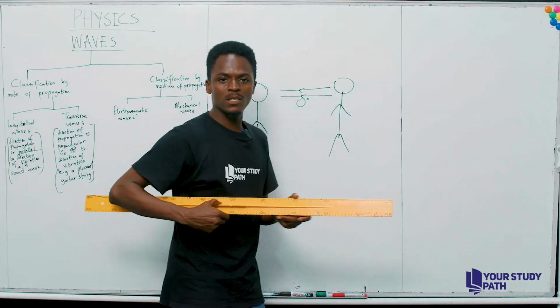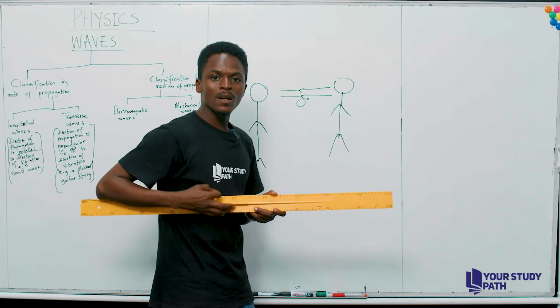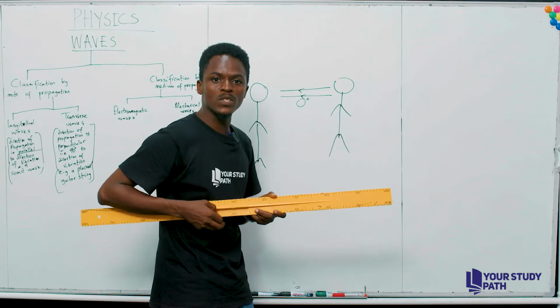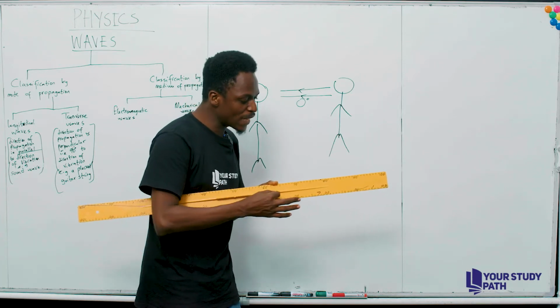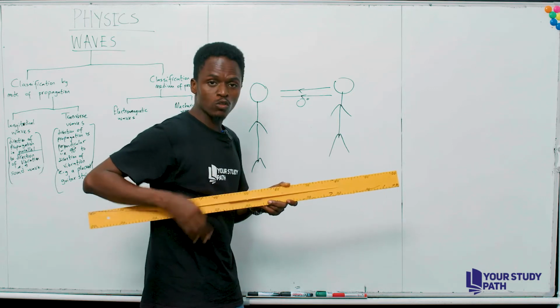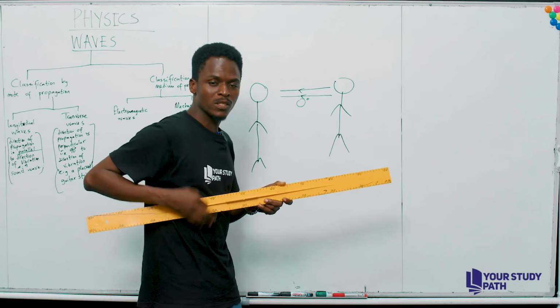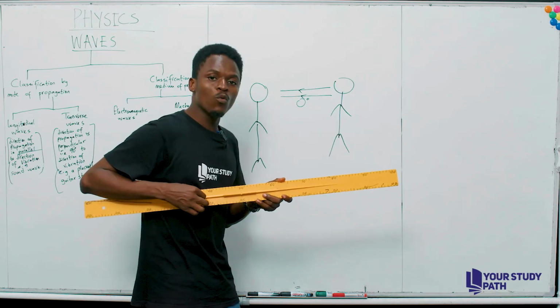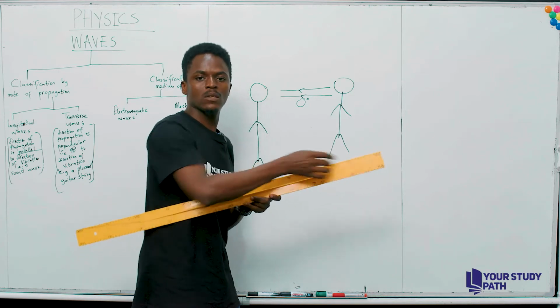You pluck downwards, and the vibration is transferred along the lines of the string. You play your guitar by plucking the strings downwards. So the wave transfers along the lines of the strings.